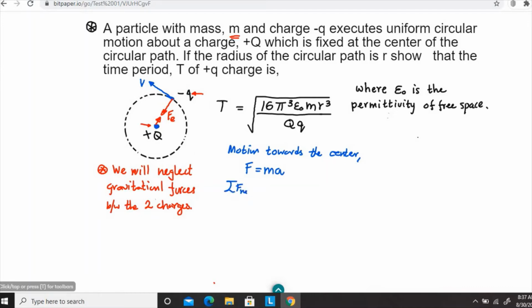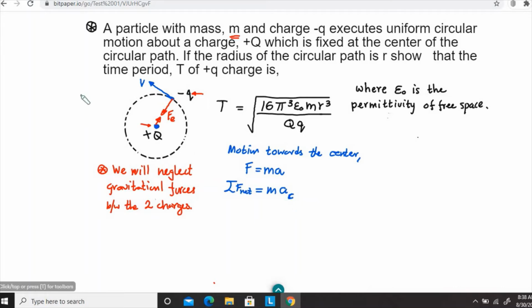That means the sum of all the forces in that direction towards the center equals the mass of the particle that is moving around this circular track. So that's this particle. We are not going to consider the particle that is at the center, because our system is this moving particle, times the acceleration towards the center. We call it the centripetal acceleration, a_c.